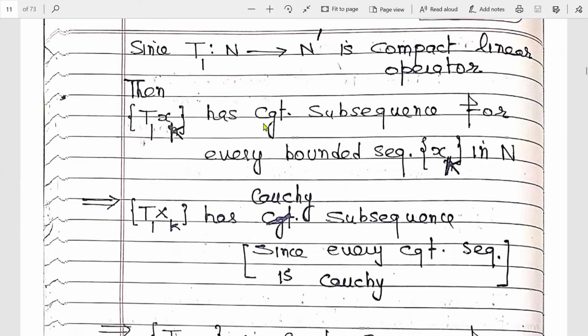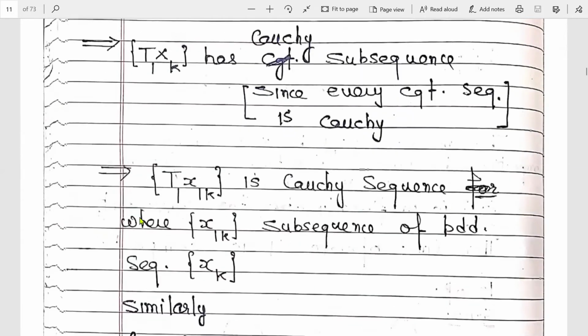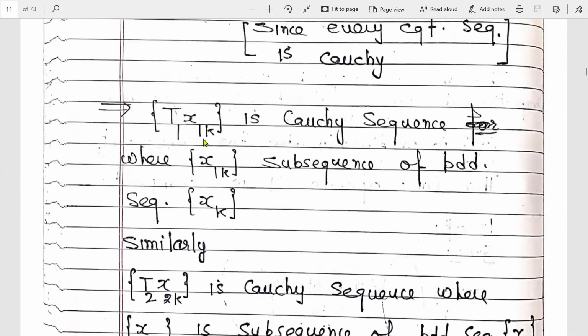And we know that every convergent sequence is Cauchy, so it has a Cauchy subsequence. Then we get that T1x1k is a Cauchy sequence because it is a subsequence of that, a Cauchy subsequence for the bounded sequence xk.